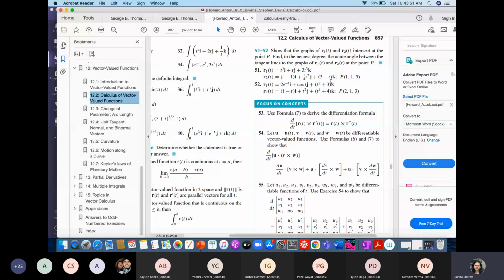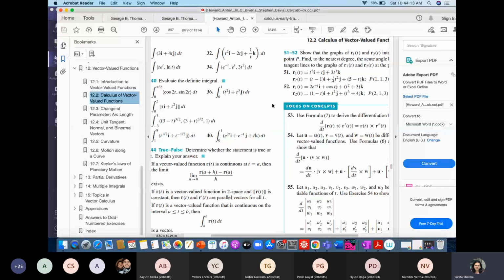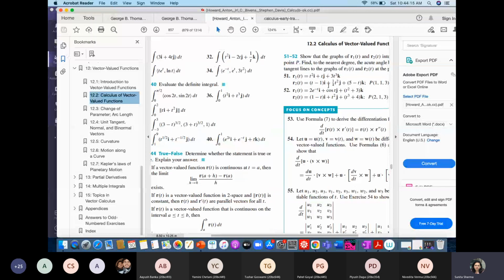So for a particular value of T, you are going to get r1 t as this point, and similarly r2 t will be this point for a particular value of T. And then you have to find the acute angle between the tangent lines. So you have to find the tangent lines first, and then you have to find the angle. So these questions you can try. They are all applications of derivatives which you have to use here.